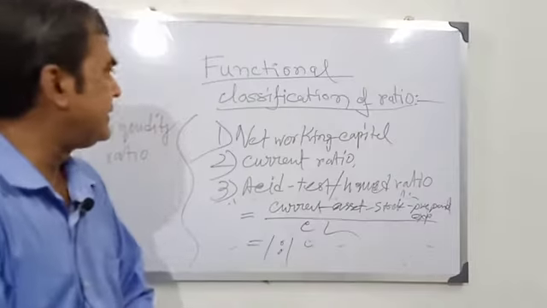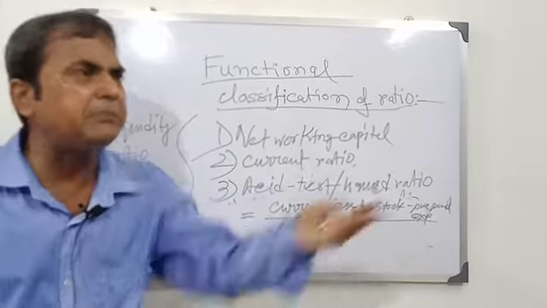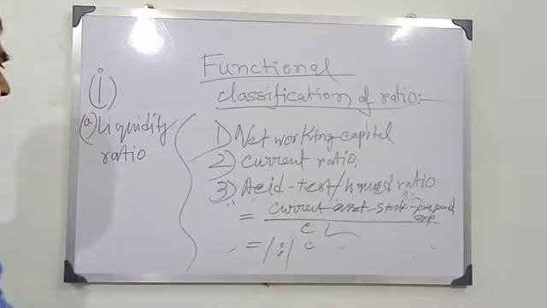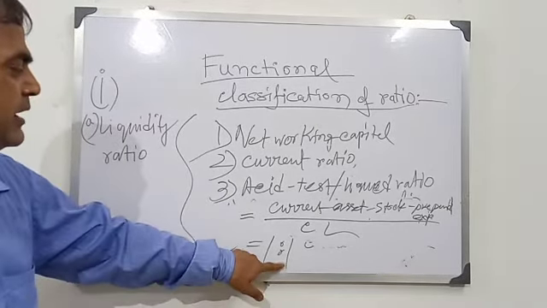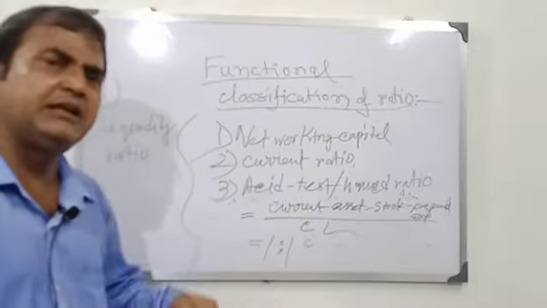Now here, liquidity ratio means how efficient the firm is in paying off its short-term liability. Acid test ratio 1:1 means current liability can be paid 100% anytime.